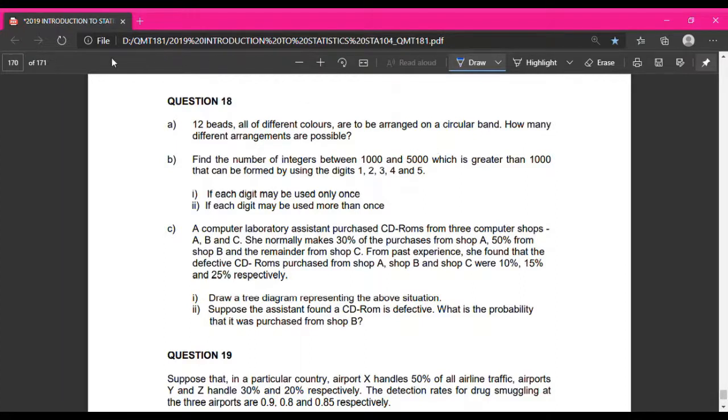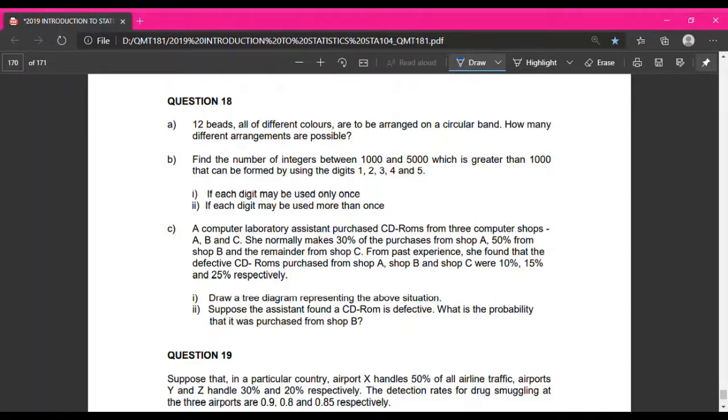Okay, we want to form integers between 1000 and 5000, but it must be greater than 1000. So 1000 is not allowed, it must be more than 1000. That can be formed using the digits 1, 2, 3, 4, 5. We can use number 1, 2, 3, 4, 5 to form the integers 1000 to 5000.